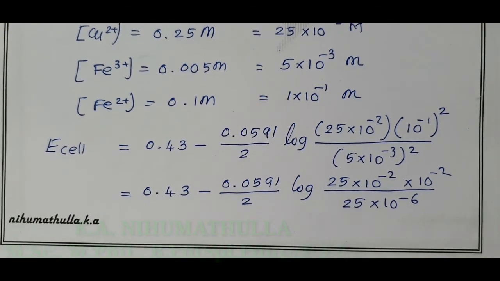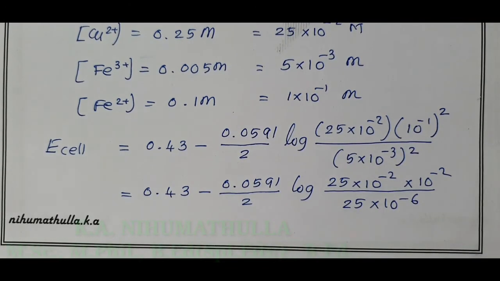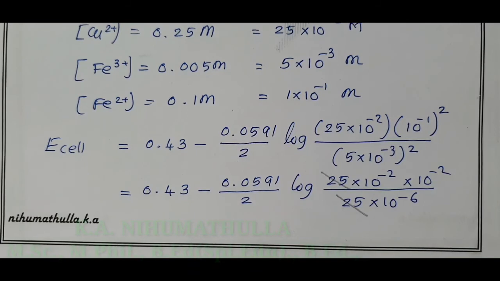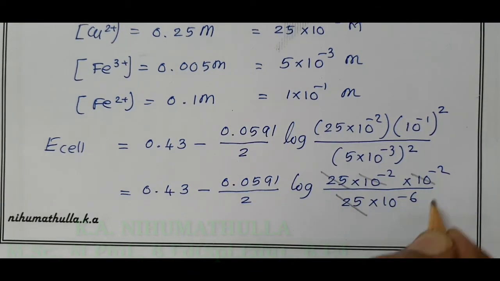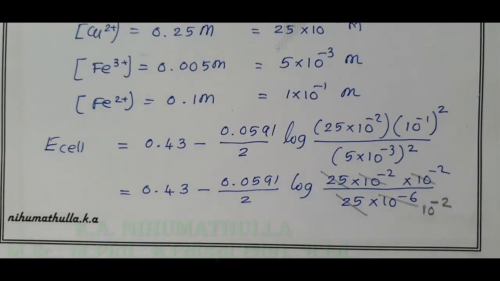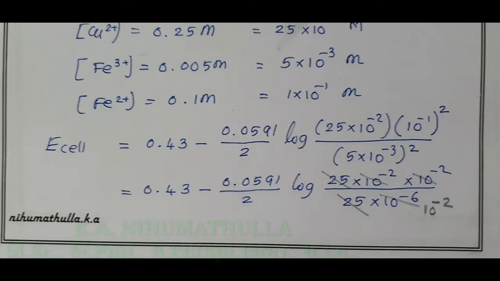You can easily cancel. 25 gets cancelled. 10 power minus 4 and 10 power minus 6 cancel, leaving 10 power minus 2 in the denominator. Now bring the 10 power minus 2 to the numerator, and it becomes 10 power plus 2.